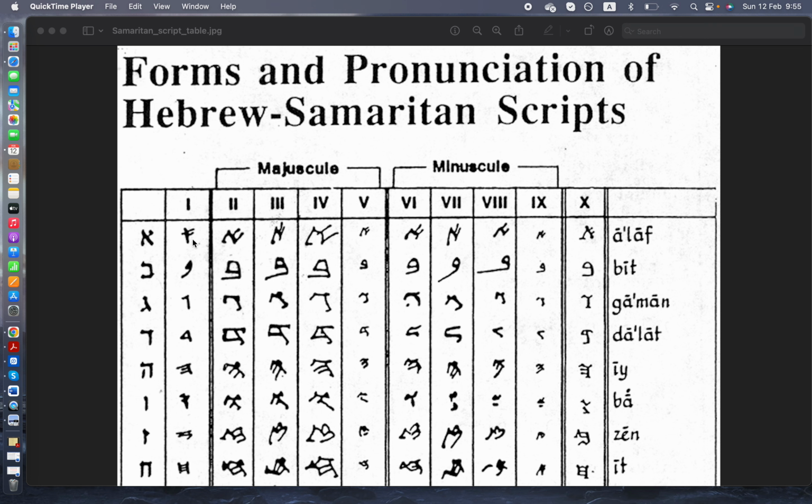So there was a sense that you can have a script that's no longer used for holy materials or holy scripture, so you can drop that and use the Paleo Hebrew for other things, and then you use the square letters only for your holy books.